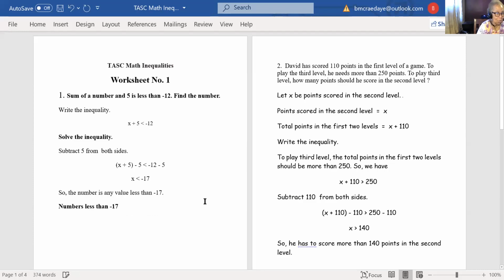Now give me two numbers less than a minus 17. Negative 18, negative 19, negative 25. Those are numbers less than negative 17. Even though the absolute value is bigger, it's actually less. It's further away from 0 on the number line. Got it?